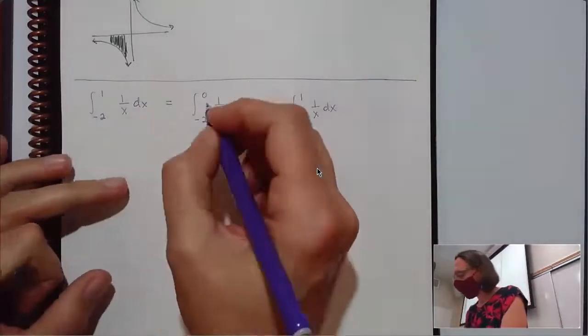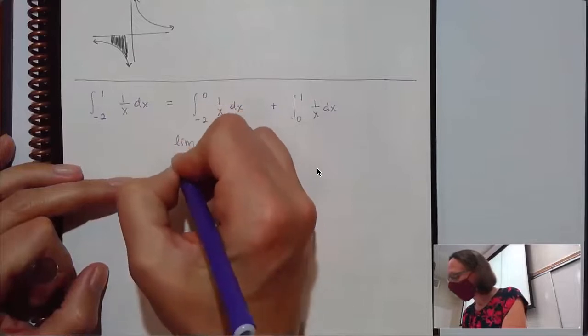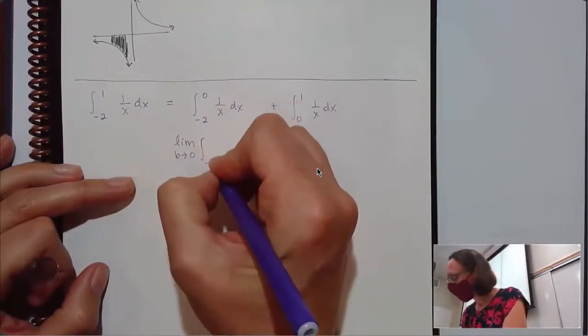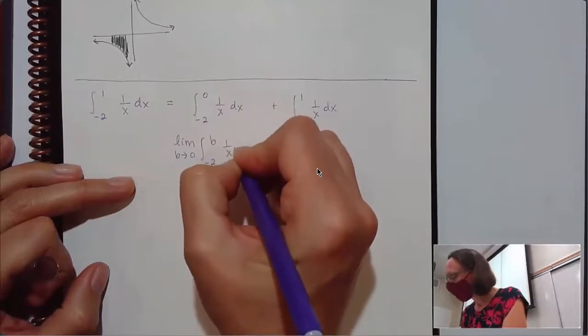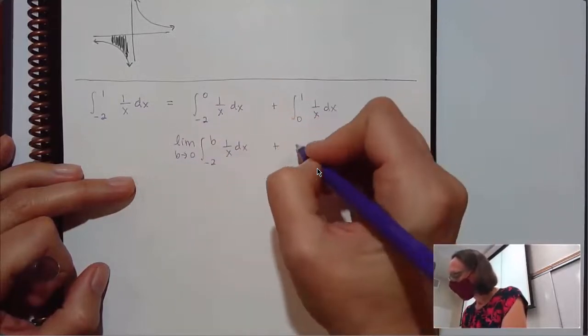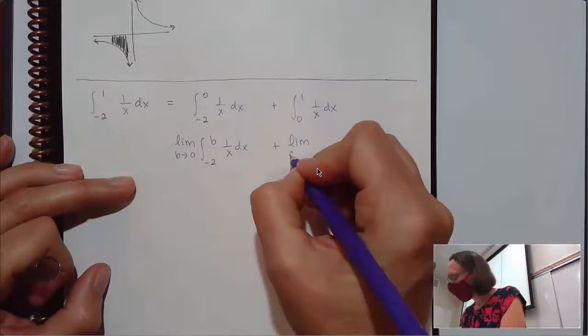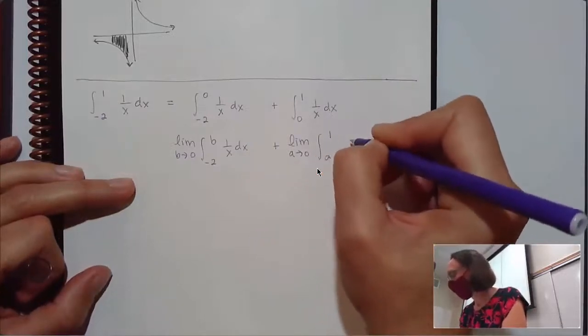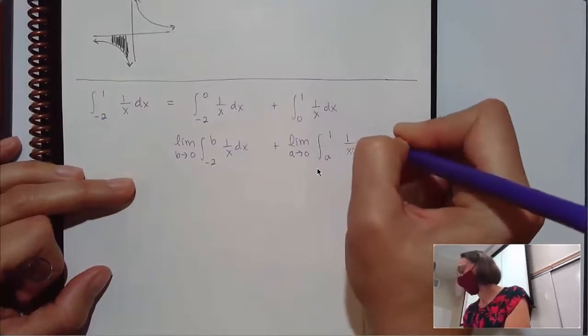So I would switch this one to look like the limit as b approaches 0 of the integral from -2 to b of 1 over x dx, plus the limit as a approaches 0 of the integral from a to 1 of 1 over x dx.